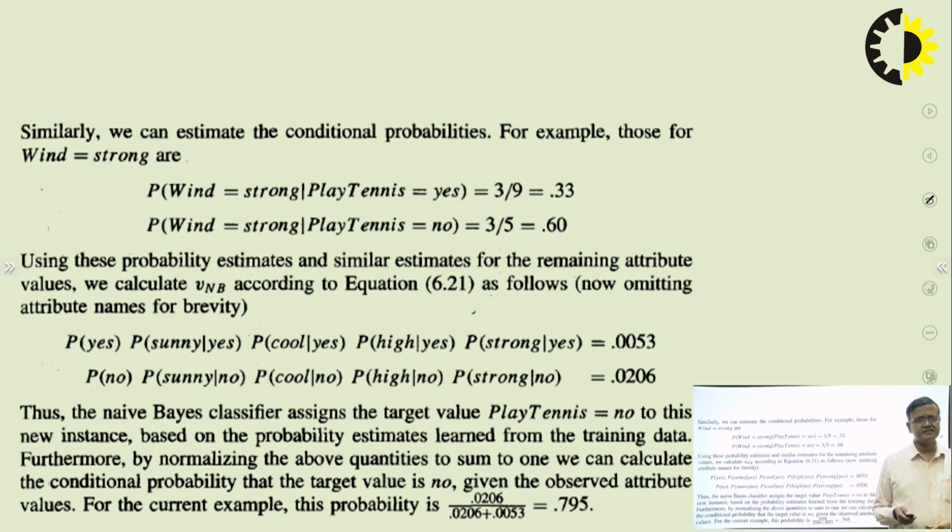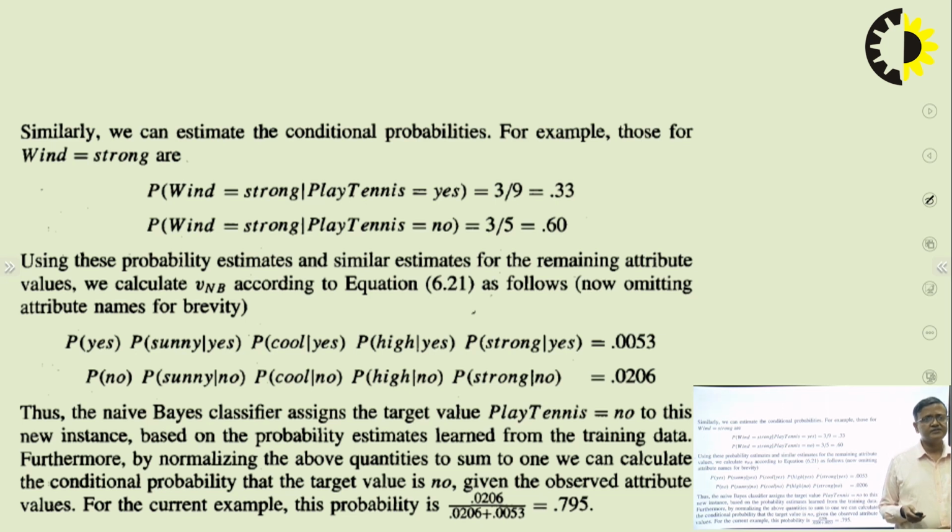Then in the naive Bayes equation, if we put in these values, we will find that for the yes training examples, the probability is 0.0053, whereas for the no training examples, the naive Bayes probability comes out to be 0.0206. Because 0.0206 is higher than 0.0053, the naive Bayes classification finally comes out to be no.